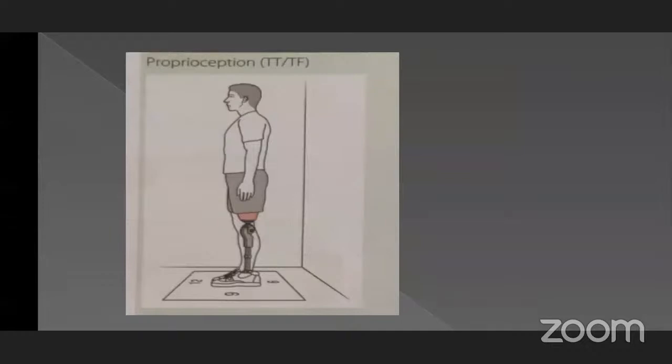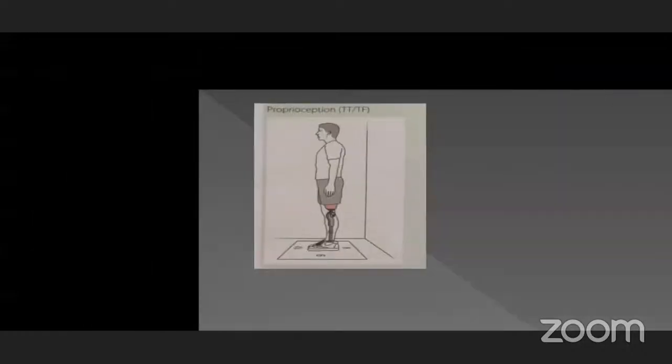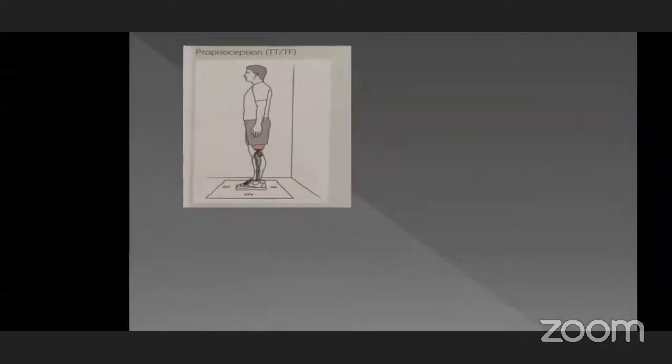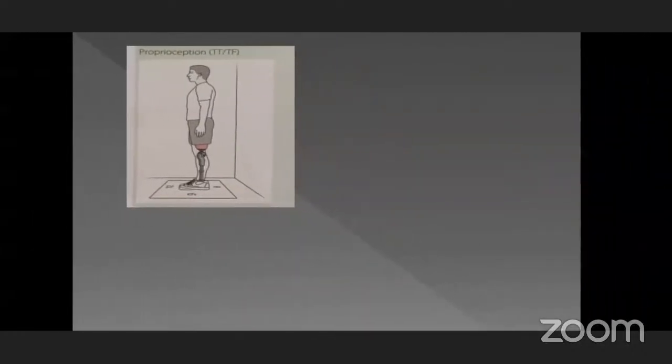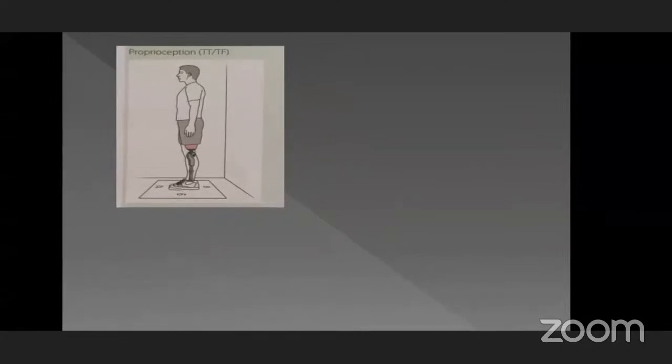We can use it in two ways: first the affected leg, then the non-affected leg, the unaffected side. He has to put on the numbers commanded by the therapist with the prosthetic leg and then with the unaffected leg. So this practice is called proprioception training, for both transtibial and transfemoral. Then we will see the next picture.